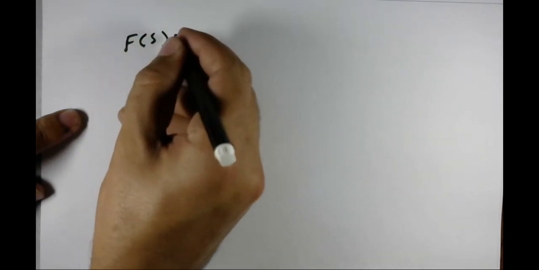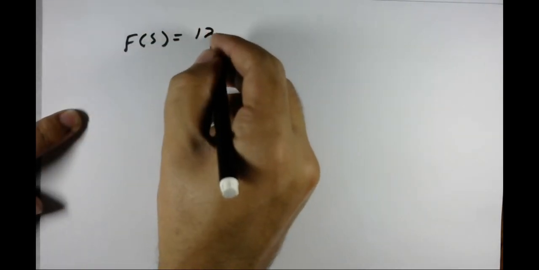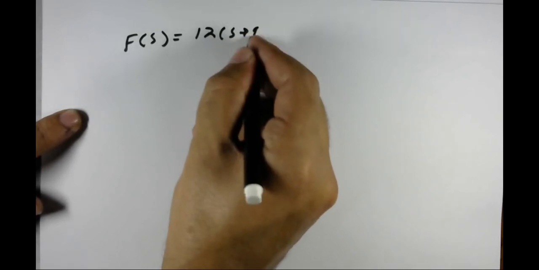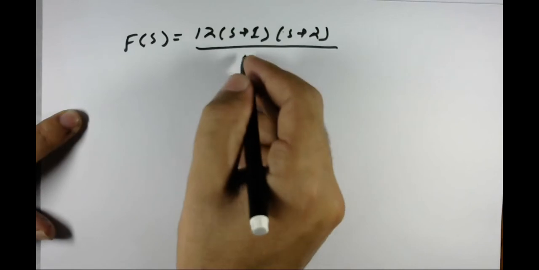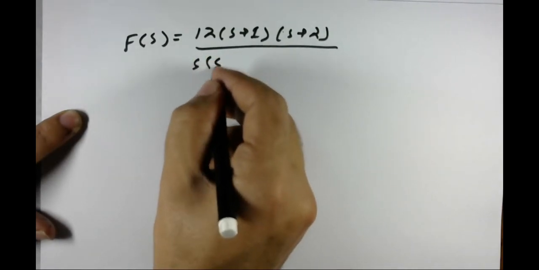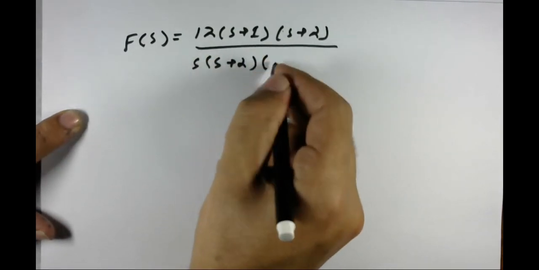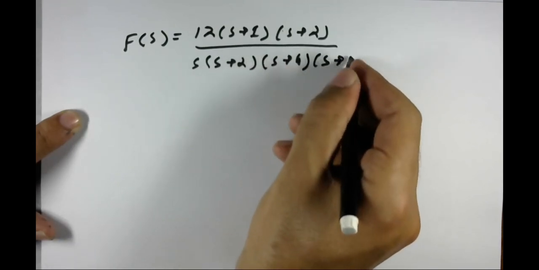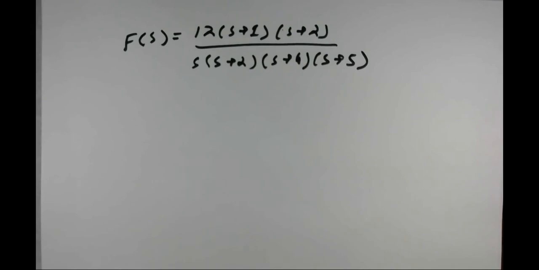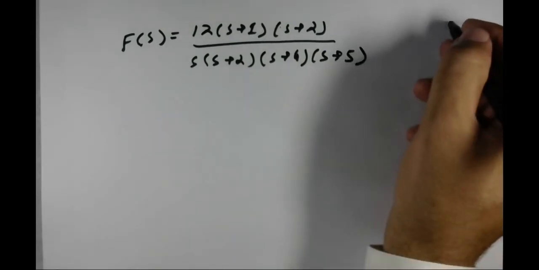I take this example from your book, so you can consult your book and you will see this example there. You are given 12 (s plus 1)(s plus 2) divided by s (s plus 2)(s plus 4)(s plus 5). What you need to do is find f of t.